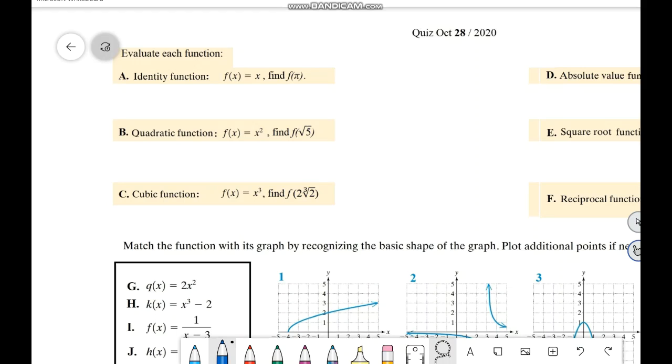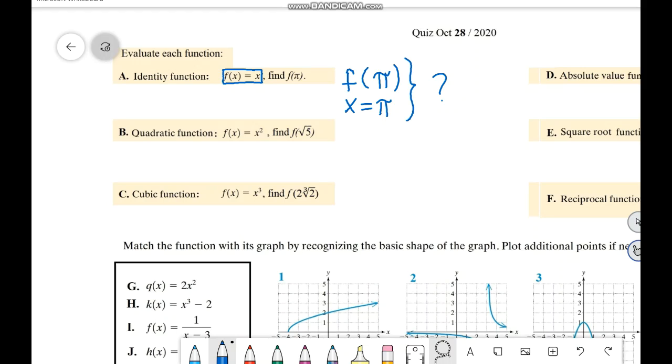The first thing that we have here, f of x equals x. This is the identity function. And we are asked here what's going to be f of pi. That means x equals pi, right? This is an identity function.